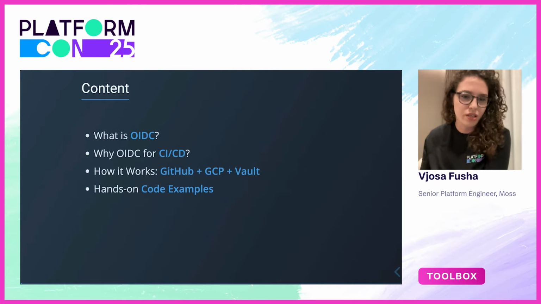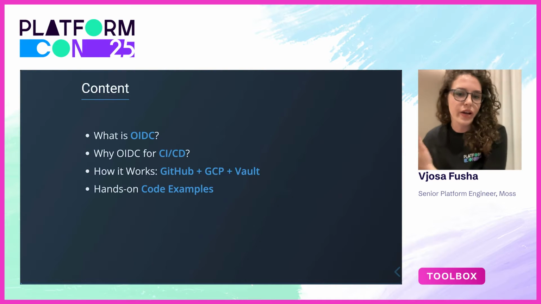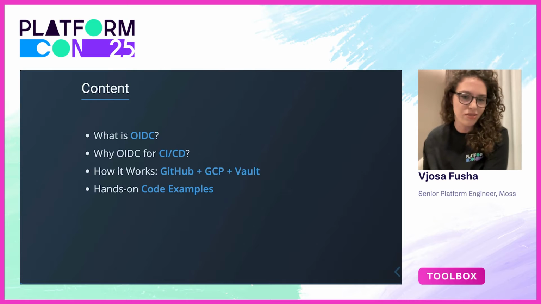Today is what is OIDC, why OIDC matters for CI/CD systems, how it works on GitHub, GCP, and Vault. And for each, I'll be sharing code examples and how we can use it on our GitHub Action workflows. Due to the time constraints, I'm not able to really focus on details on each section.